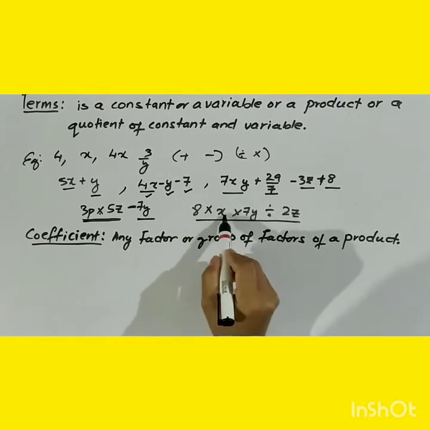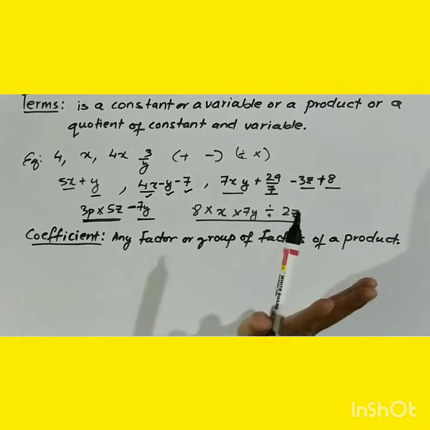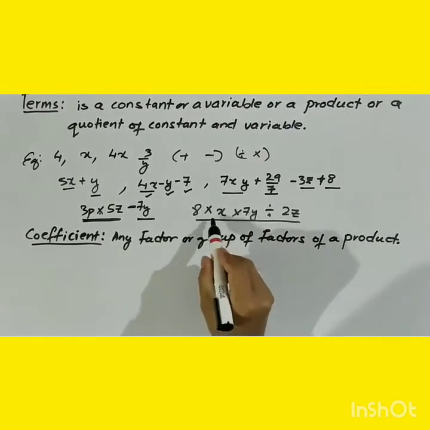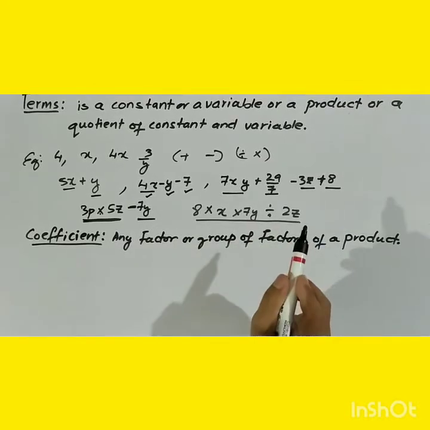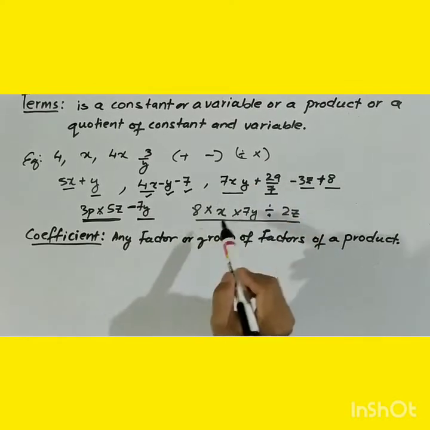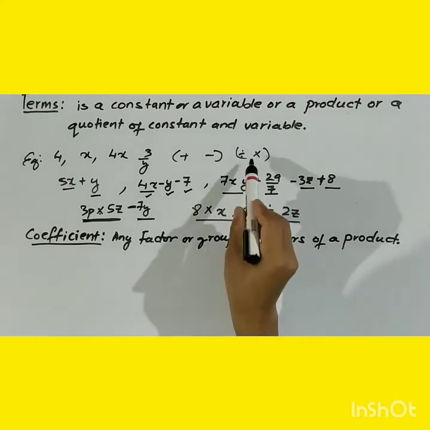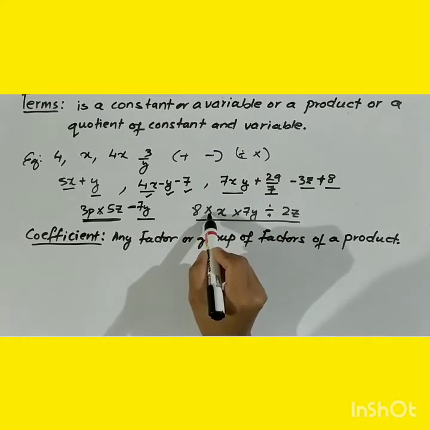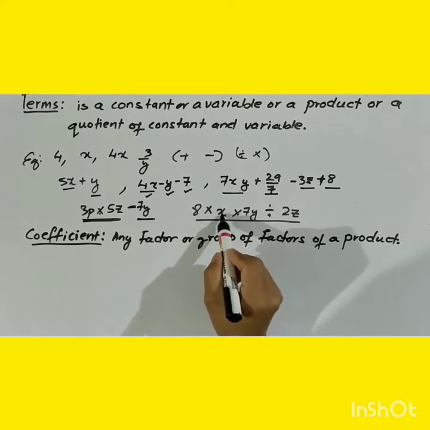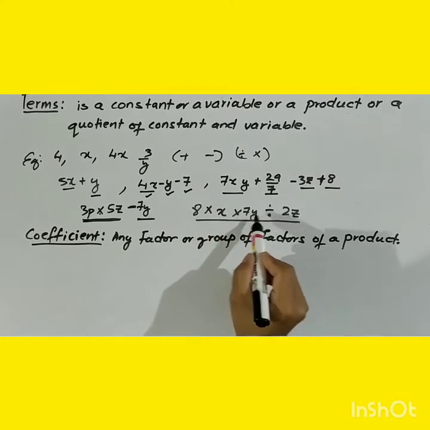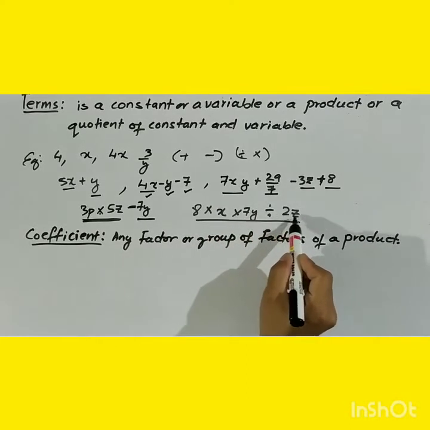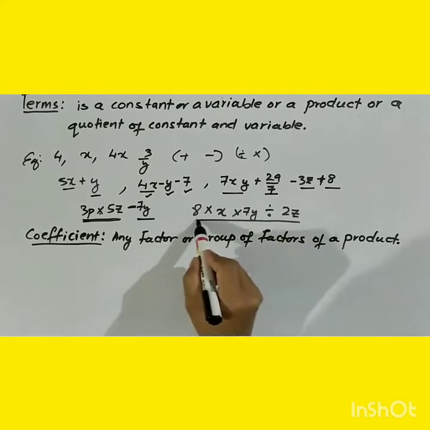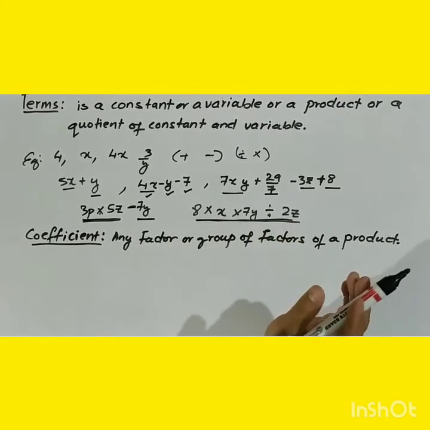Okay, not 1, 2, 3, 4. There are not 4 terms. There is only one term, because as I said before, terms are not separated by multiplication and division signs. So what is there between 8 and x? There is a multiplication sign here. And what is between x and 7y? Multiplication. Division between 7y and 2z. Therefore, this will be considered as one term.